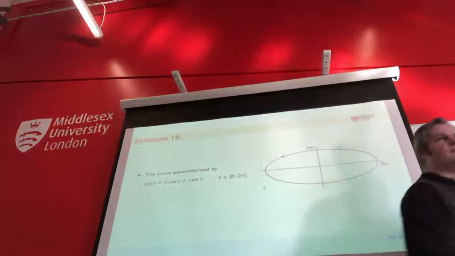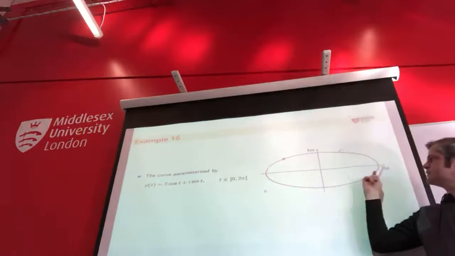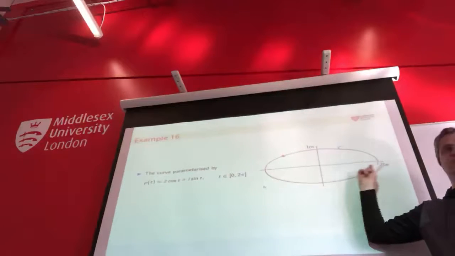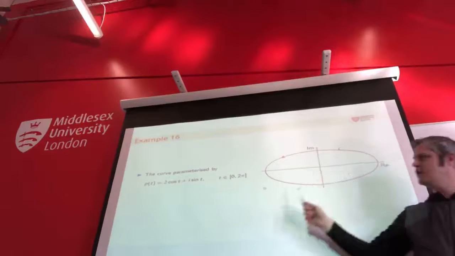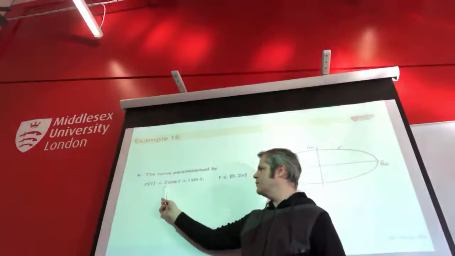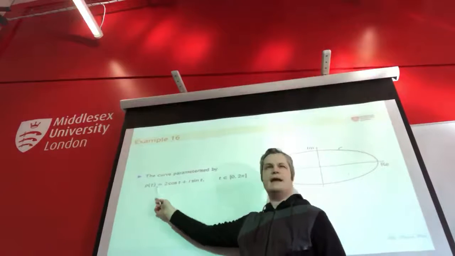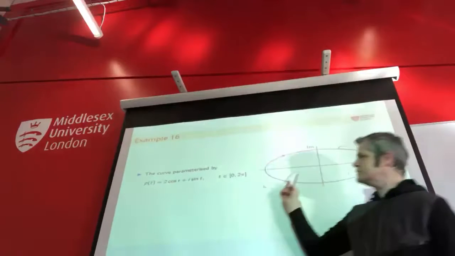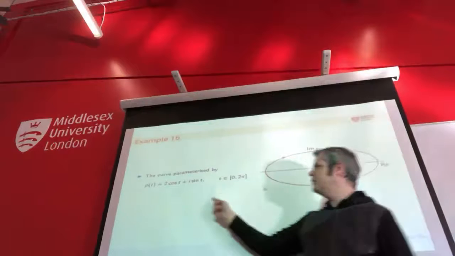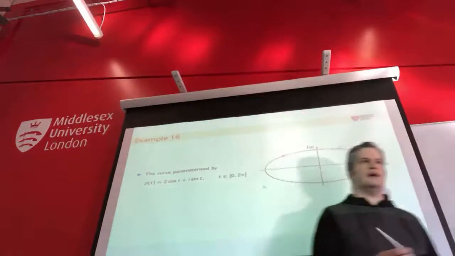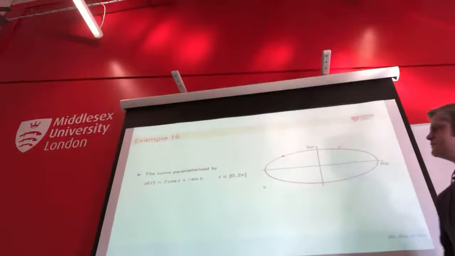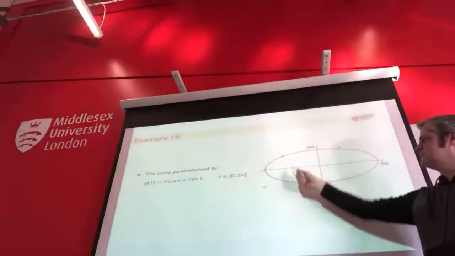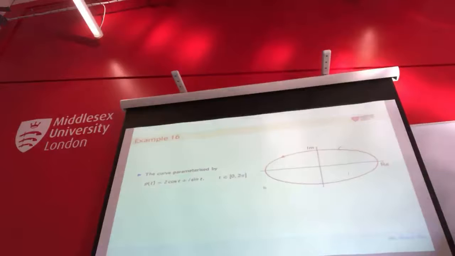So the major radius here is 2 and the minor radius is 1, which is reflected in the fact that you're multiplying the x bit by 2, so it's stretching it, but you're not multiplying the y bit, the imaginary bit, by anything. And again, it's going anti-clockwise like the circle did.